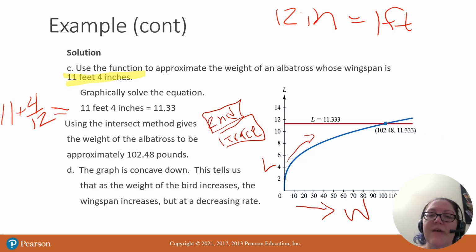It doesn't fully level out there, but it's beginning to increase at a slower rate. So here it increases slower than it does here. Here it increased really, really quickly. So as we are increasing that wingspan, the rate it changes starts to get smaller and smaller.